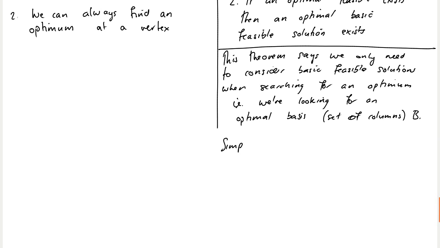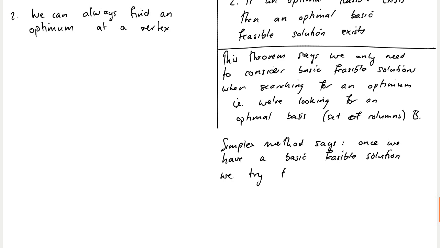The simplex method says once we have a basic feasible solution, and remember, a basic feasible solution is a basic solution where all the x's are non-negative, because don't forget we've got those non-negativity constraints as well, we try to improve it.